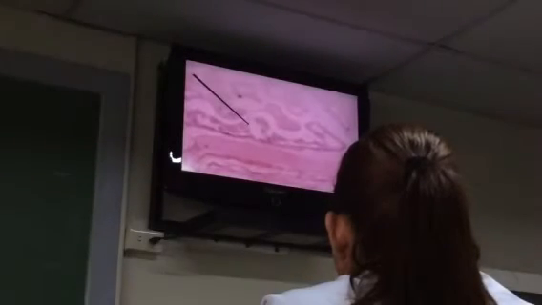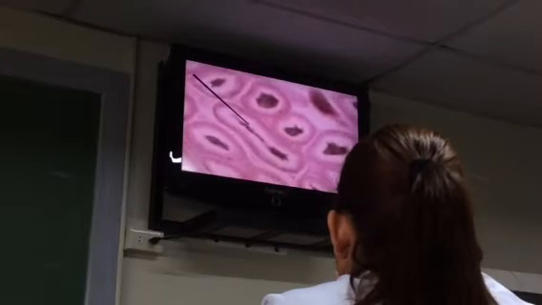Now don't be surprised, sometimes you will see epididymis and you'll see on the part somewhere still a part of your testis. Baka makakita kayo ng seminiferous tubules in the same slide. Okay? Baka makakita kayo sa slide nyo.